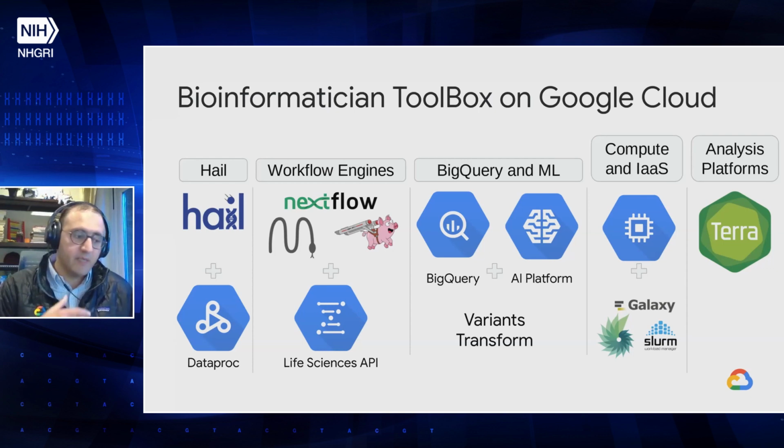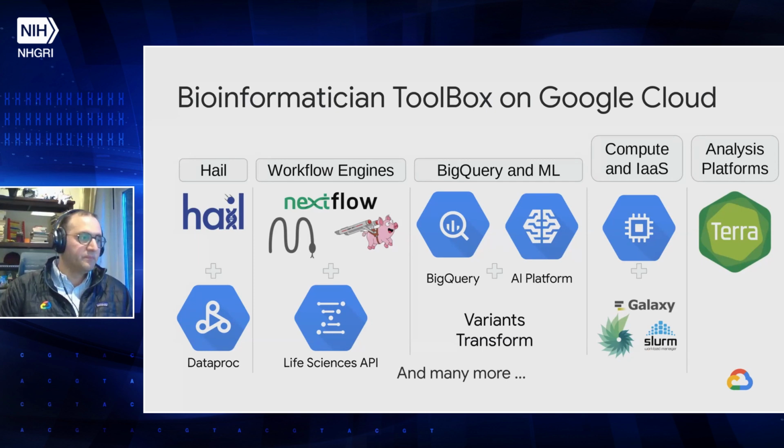In addition to that, some of the analysis platforms such as Terra, which was co-developed by the Broad Institute and Verily, can also run on top of Google Cloud, providing an easy-to-access workbench to run your notebooks, your pipelines, and also access to lots of data that's already on the cloud. And many more.